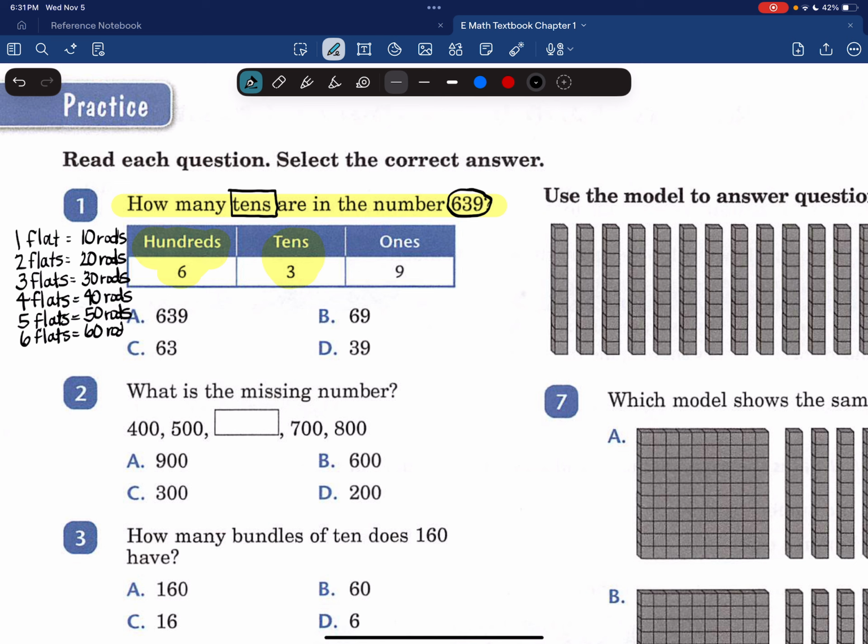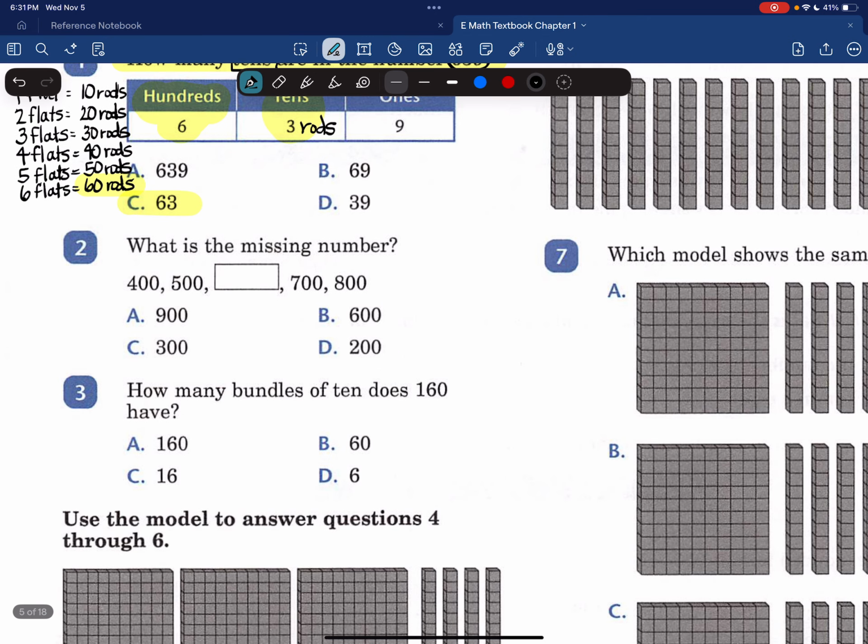But as you're learning, shortcuts will get you into trouble. So we have the 3 rods that we've got in our chart, plus 60 rods that came from those hundreds. So our answer is actually C. There are 63 tens in that number.